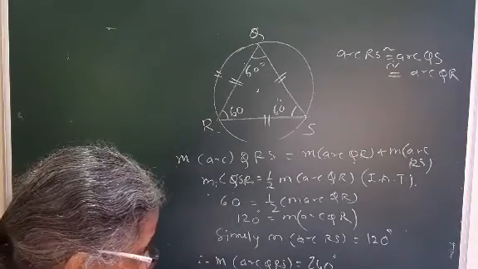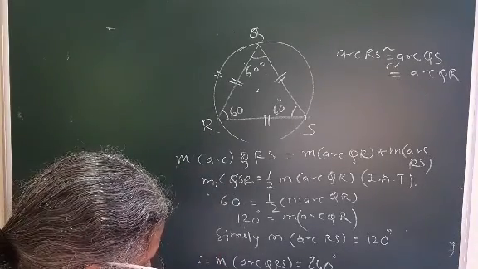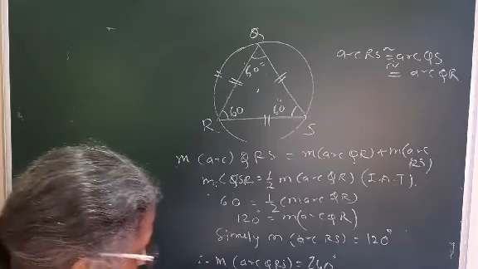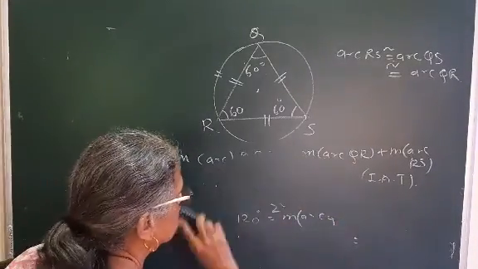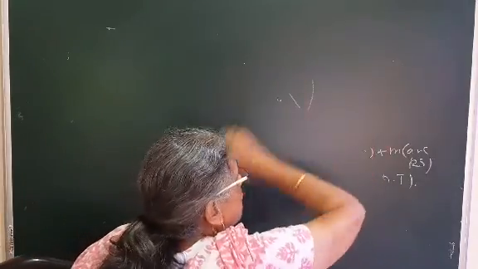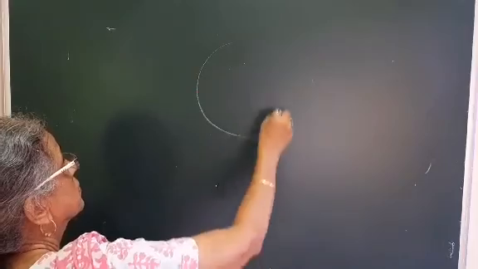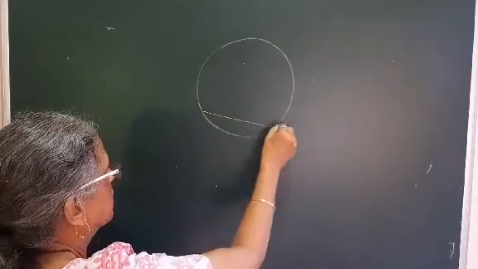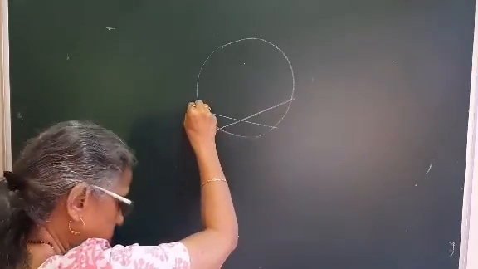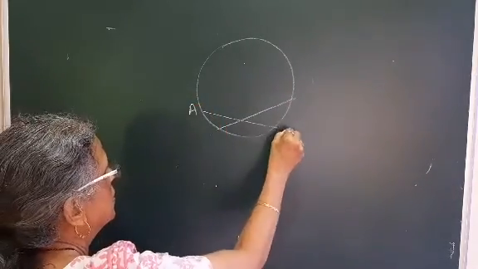Follow? Then in figure 3.39, chord AB congruent chord CD, prove that arc AC congruent arc BD. So that is also very simple. I will draw the figure. So this is AB, CD.